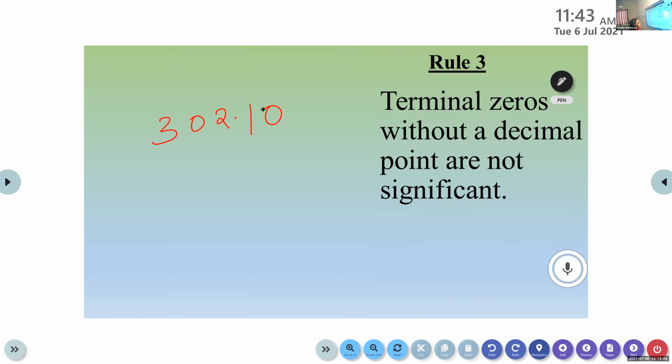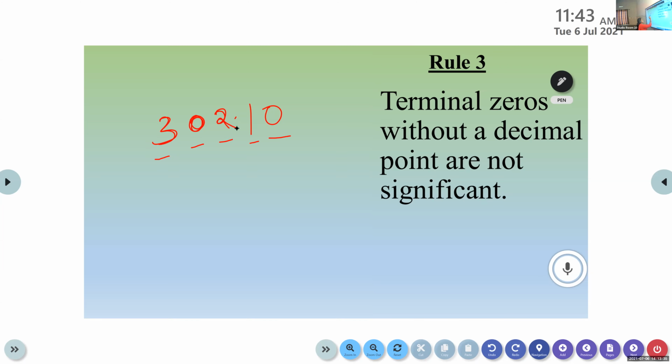Lakshmi, identify the significant digit in this measured value. 302.10. Yes? 5. Very good. It is 5: 3, 0, 2, 1 and 0. Here this 0 is between two non-zero digits. According to our second rule, all the zeros between two non-zero digits are significant.